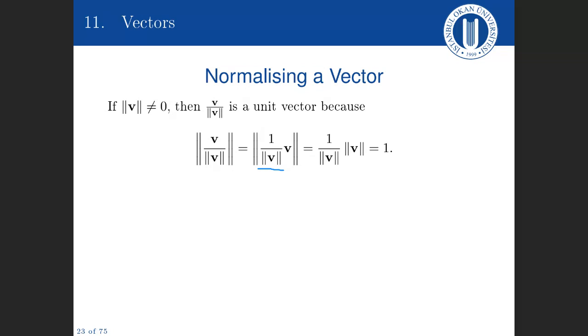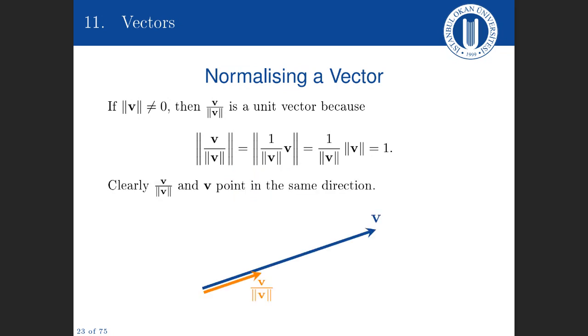Anytime we have a number inside the norm, we can take it outside as long as we put absolute values on it. But this is a positive number, so we don't have to worry about the absolute value sign. We just get 1 divided by norm of v multiplied by norm of v. The norms of v cancel and we end up with 1.